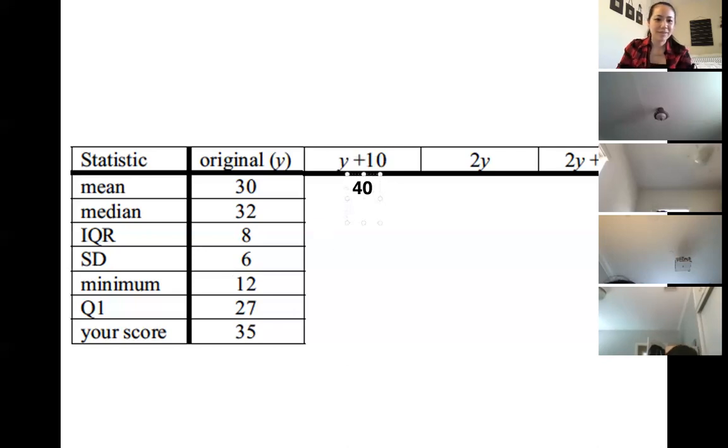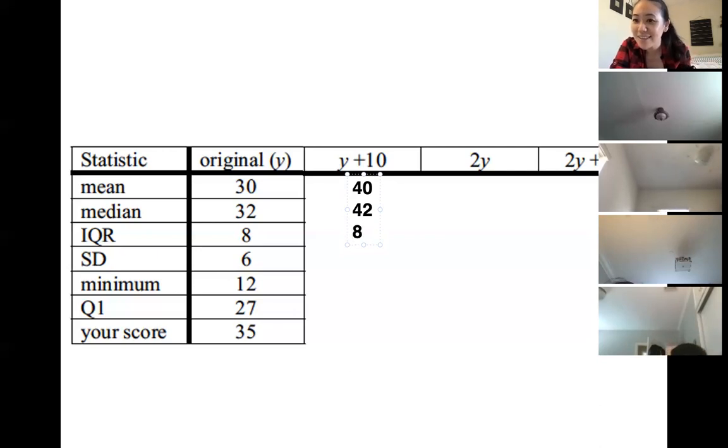Perfect. Okay, median, Jill. 42. 42, good. So the median, measure of location, would get shifted as well. Nice. Let's go Julia for IQR. Be careful on this one.